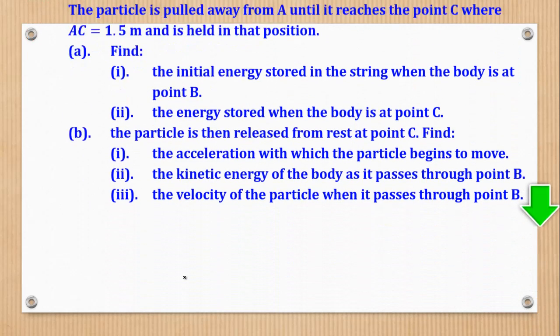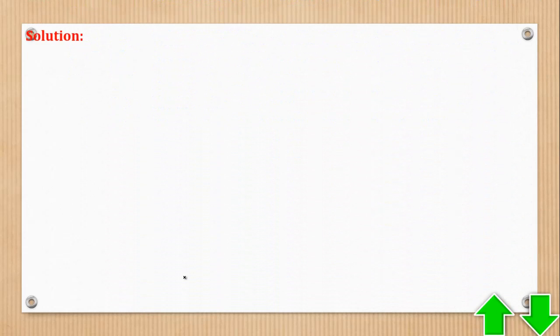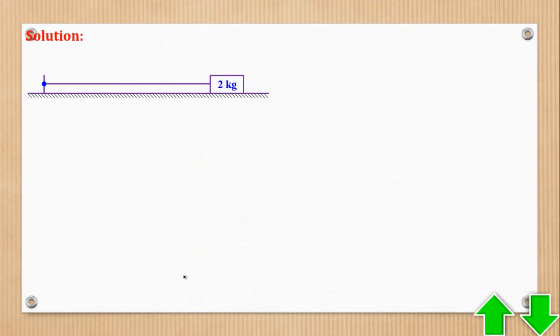So let's begin. We shall begin by making a sketch of the information given. So they talked about 3 points. There is a point A, point B, and point C. Point A is the fixed point. Then B is the point where the string is just tight but not yet extended, not yet stretched, meaning that AB is the original length.